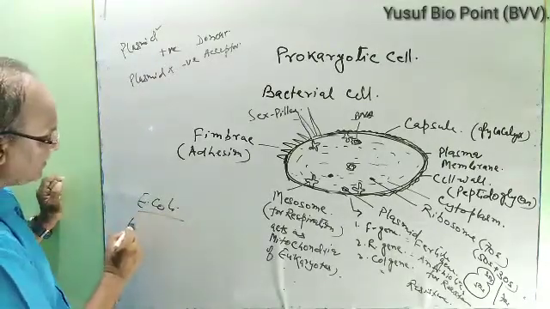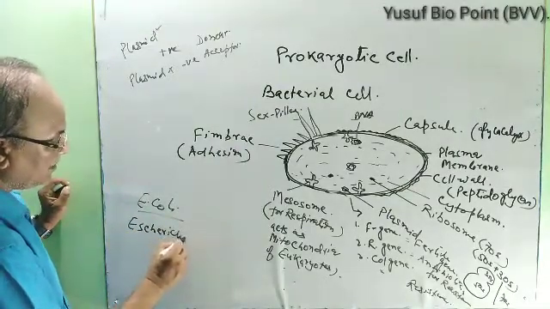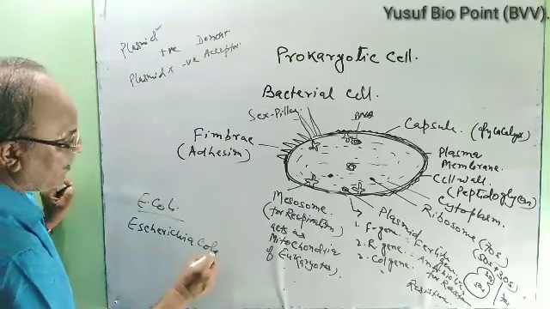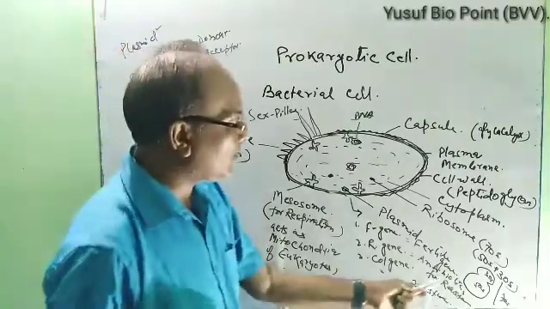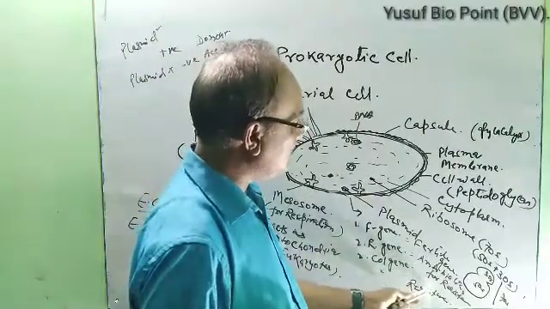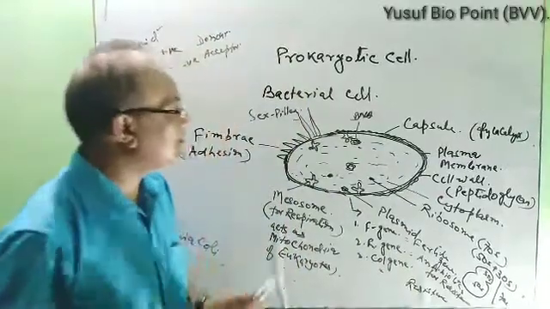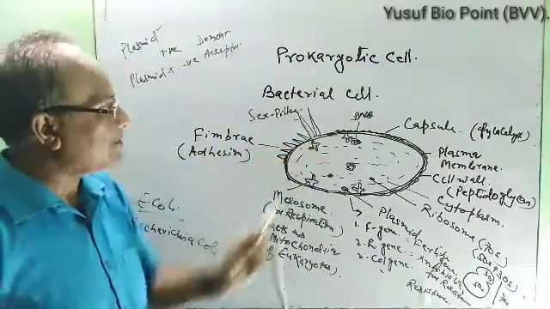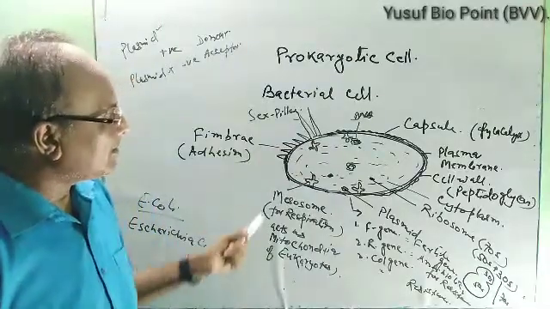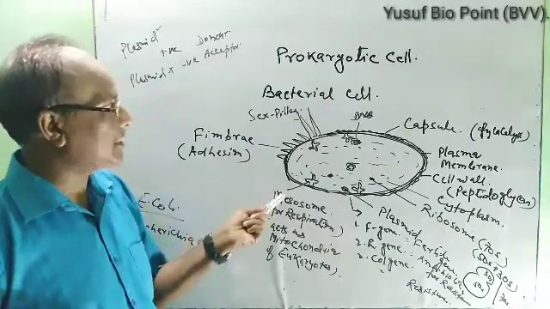E. coli, that is Escherichia coli, understand? So these two are the resistance genes, and these are the fertility genes. So this is the sex pili, and this is the nature of a bacterial cell.